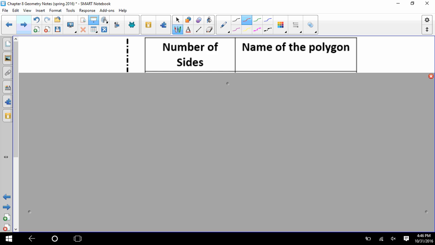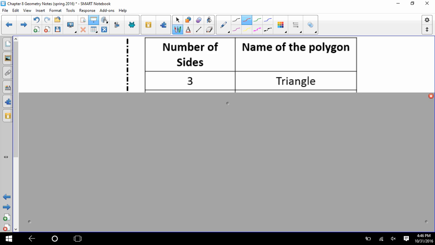Now let's talk some more vocabulary. The number of sides that a polygon has and what we call it. So the first one, hopefully we all know this one: if there are 3 sides, the polygon is called a triangle. We had different classifications of triangles, but overall, if it has 3 sides, it's called a triangle, which makes sense. You've got the tri part in front.